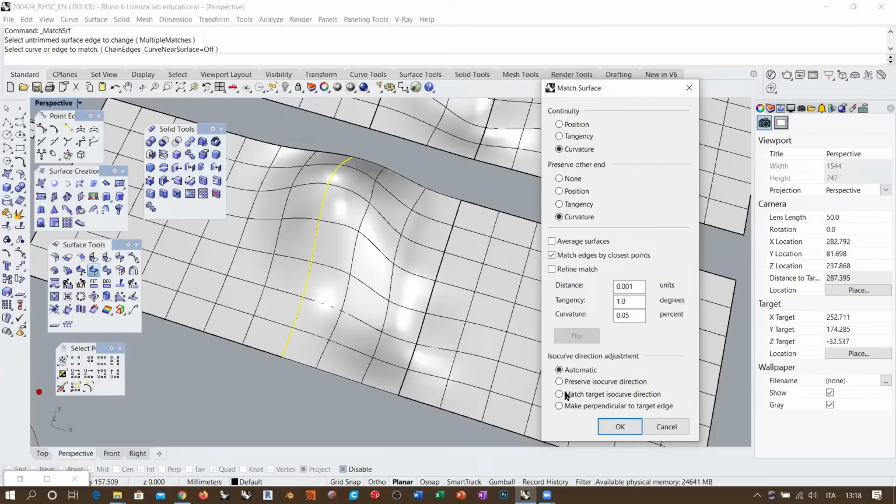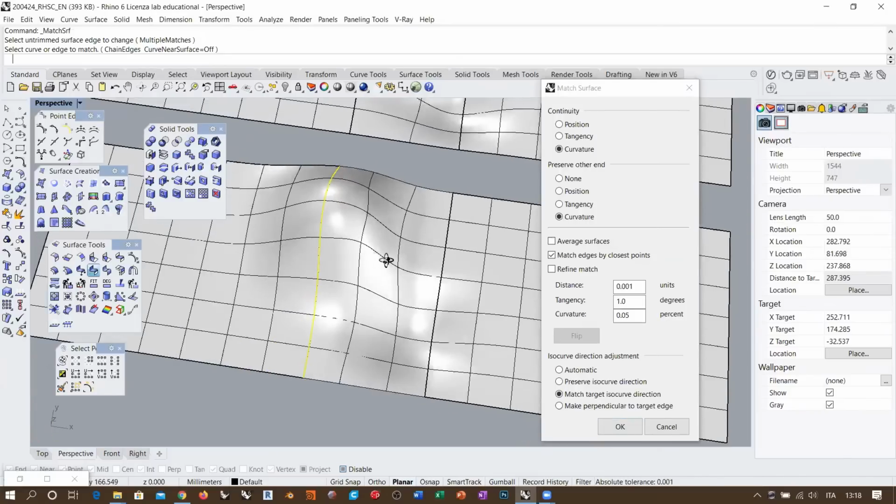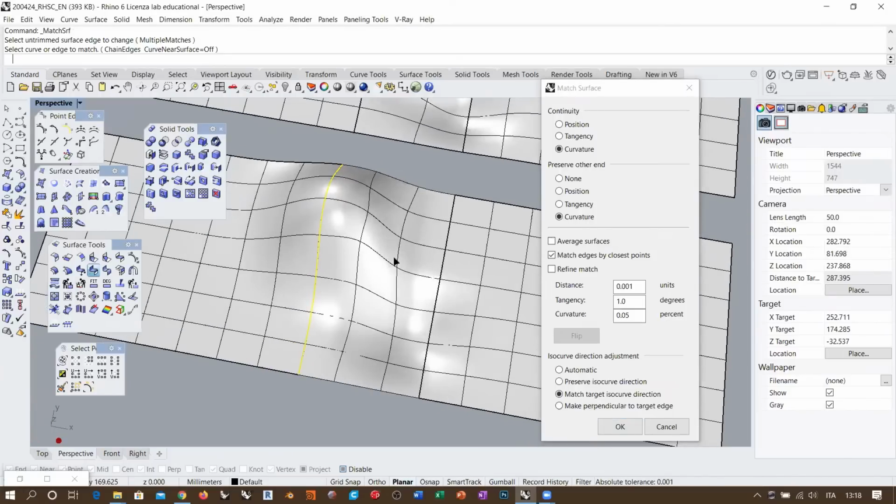But we know that if we preserve isocurve direction, we are talking about knots, spans, and so on. Match target isocurve direction also depends on the actual surface isocurves or target isocurve direction, okay? So this basically says that you want to set the geometric property, but also taking into account the topological property of the surfaces that are involved, okay?